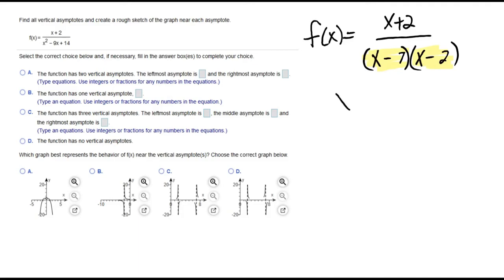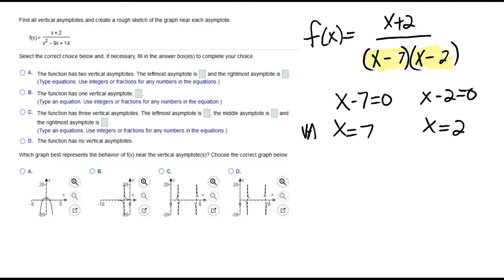You're going to find them by setting each factor equal to 0. So we're going to have a vertical asymptote at x equals 7 and another vertical asymptote at x equals 2.